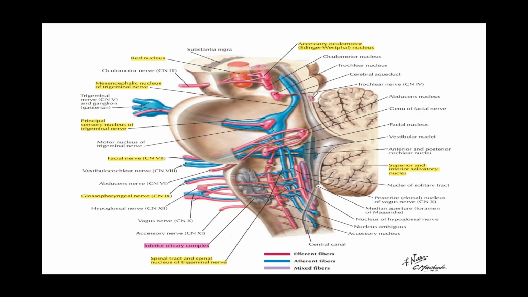We've got the main trigeminal nucleus, which is called the principal sensory nucleus of the trigeminal nerve, and we've got the spinal tract and spinal nucleus. The motor nucleus of the trigeminal nerve is just right there next to the principal sensory nucleus. We've got our abducens nerve, which is cranial nerve 6, and then we've got our facial nerve, which is cranial nerve 7. So you see that it keeps descending. We've got 6, we've got 7, in descending order.